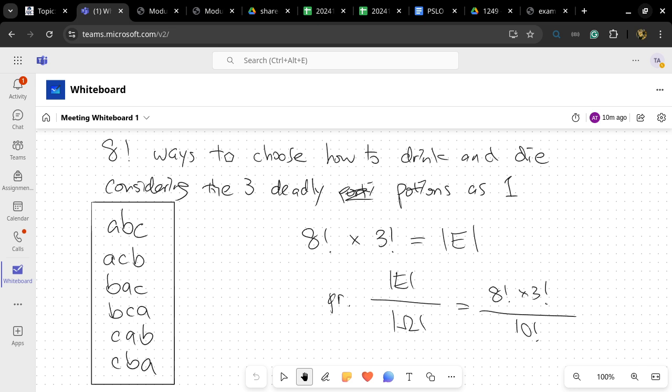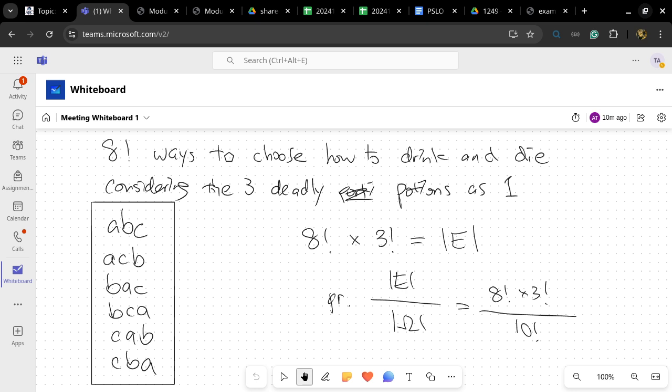But this group has to stay together, while how this group relates to the other 7 potions is free. So we can have 7 potions before this, 3 before this, 4 after this, and between those 3 before, any order is fine. The 4 after, also anything is fine.